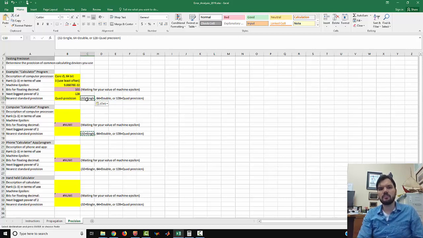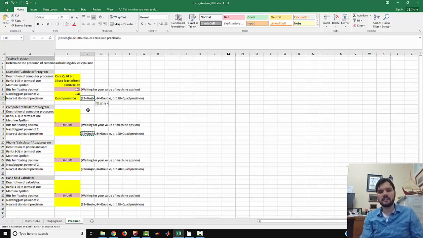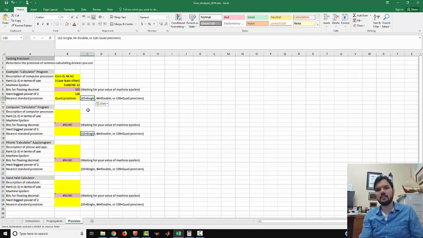Single precision, or 32 bits, in decimal looks like 8 digits. 64 bits for double looks like about 16 digits, 2 to the negative 16th or so. And then quad precision, or 128, looks like 39 or 40 digits, somewhere around there. So that's what we're looking at.